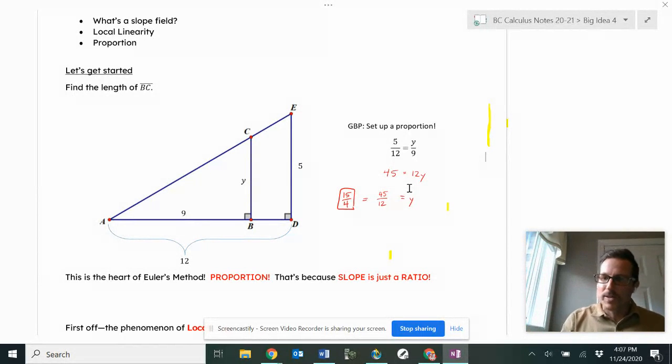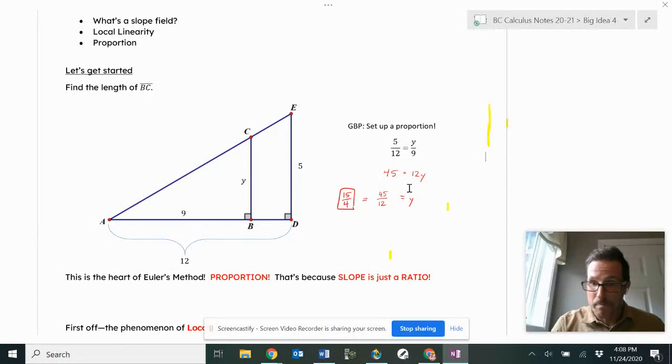We talk about slope as a ratio of rise to run, right? 5 to 12, that's a rise to a run. The slope of the line segment AE on that right triangle and the slope of the line segment AC follow along the same line, so they have the same slope. Now, AC is only a proportion of the length of AE.